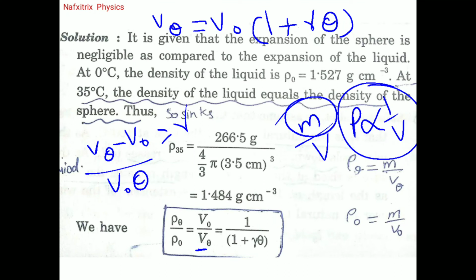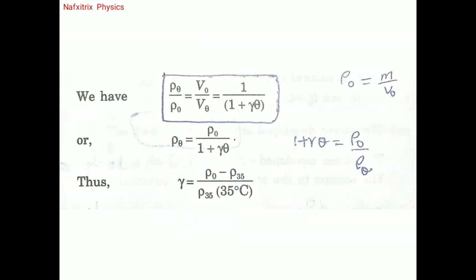So next thing is the formula, and we need to find gamma. If we take reciprocals on both sides, we get 1 plus gamma theta equals rho naught by rho theta.